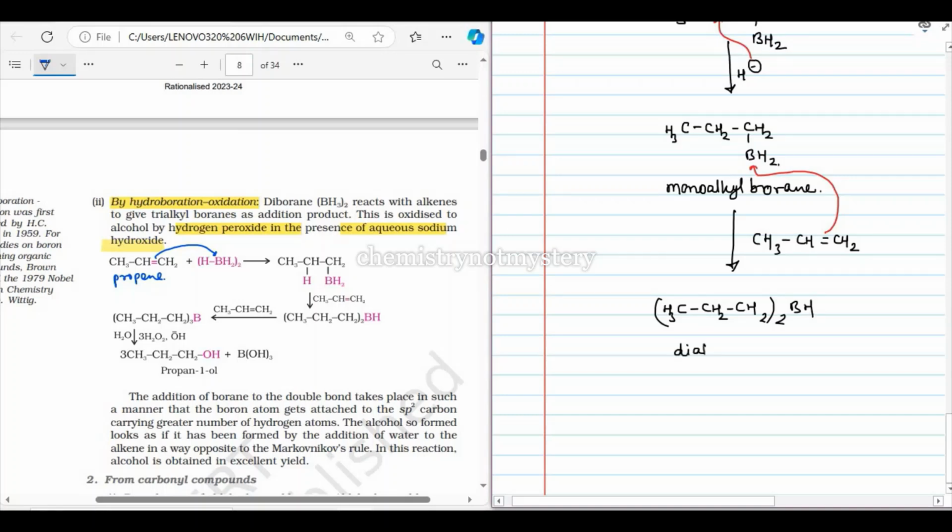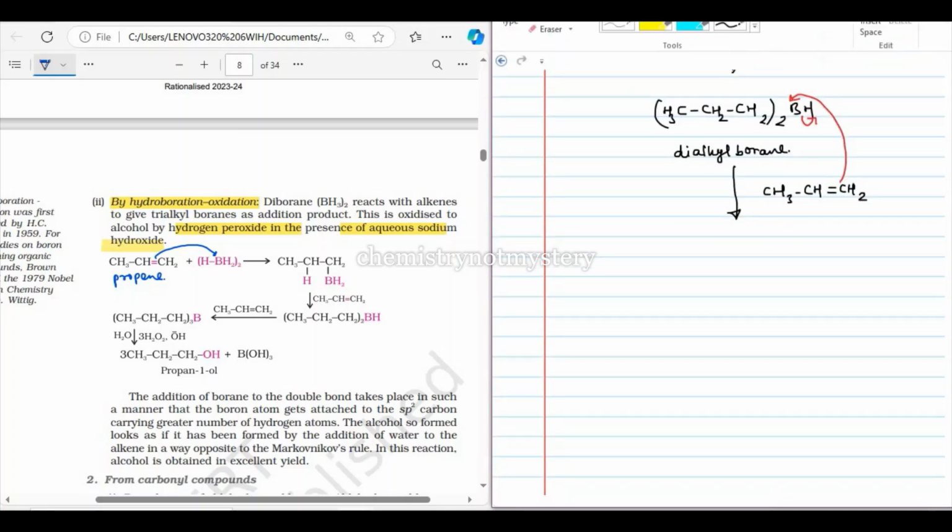So this is dialkyl borane. Now this dialkyl borane reacts with another molecule of propene, CH3 CH double bond CH2. Now again one of the carbon utilizes both the pi electrons to make bond with the boron, and this H will be removed in the form of H negative ion, which will get attached to the second carbon.